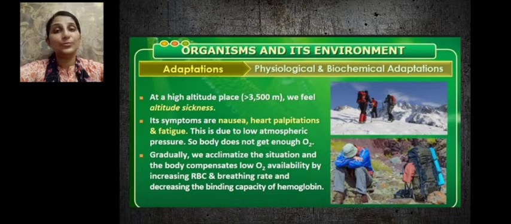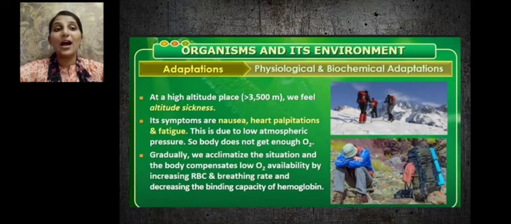Why are such symptoms developed? It is due to less oxygen availability to our body. Our body does not get enough oxygen. Gradually, when we stay there for a longer time, we acclimatize to the situation, and our body starts to compensate for the low oxygen availability by increasing the RBC count and breathing rate and decreasing the binding capacity of hemoglobin with oxygen.